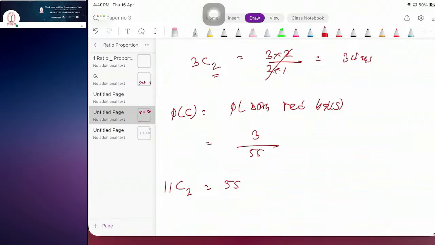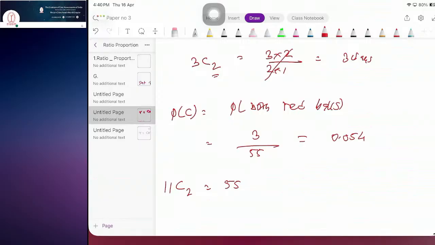So 3 divided by 55 will be the answer of the probability. So let's find this value. 3 divided by 55 is 0.054. This is the answer when we want to select two red balls, or both are red.